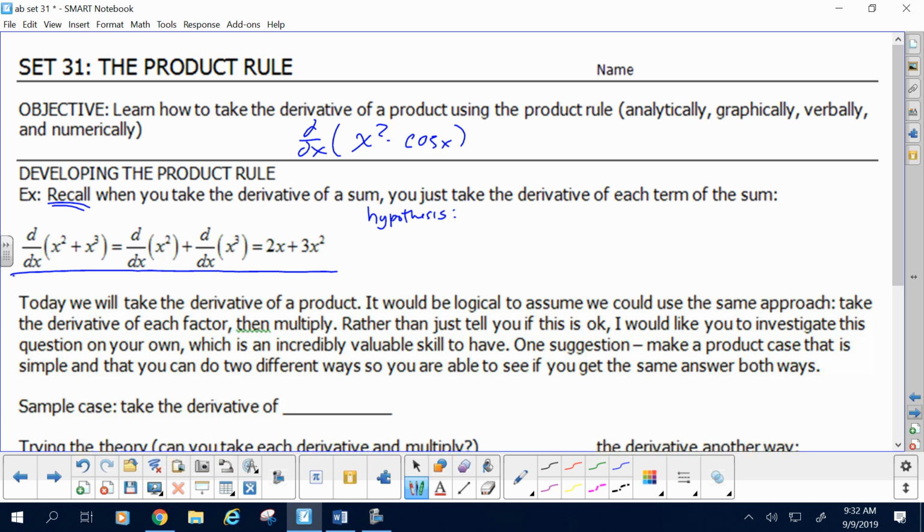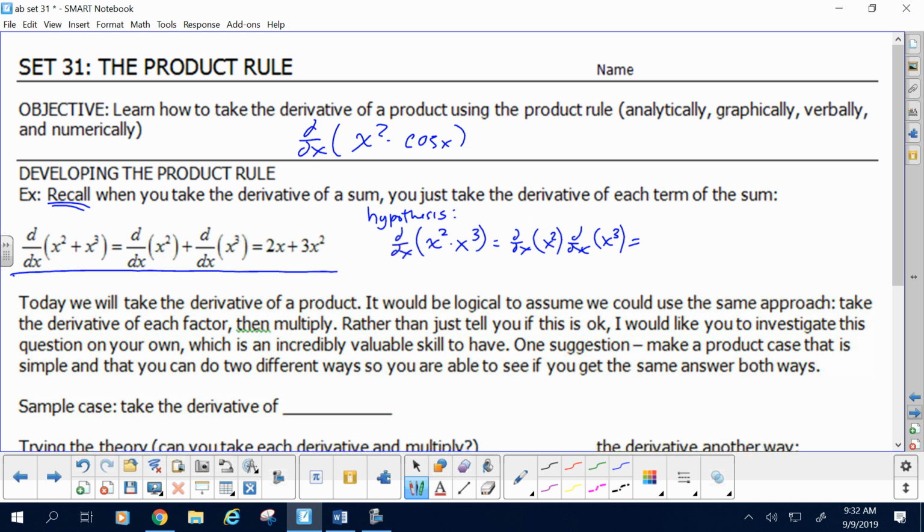So it would be logical if I want to take the derivative of, now I don't want to use this to play around with because that's confusing. So instead, I'm going to say, what if I took the derivative of x squared times x cubed? Is it okay to just say, take the derivative of x squared and take the derivative of x cubed and multiply?